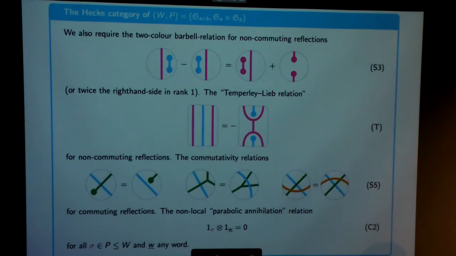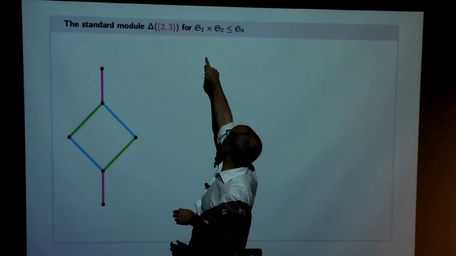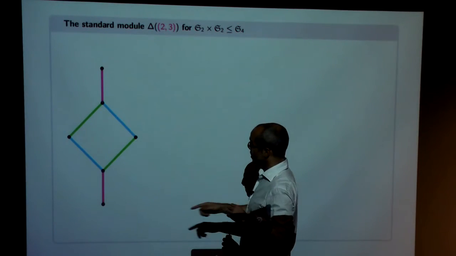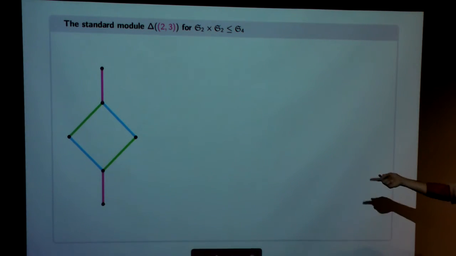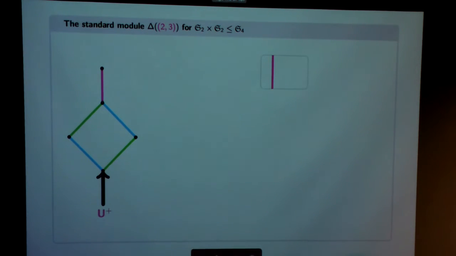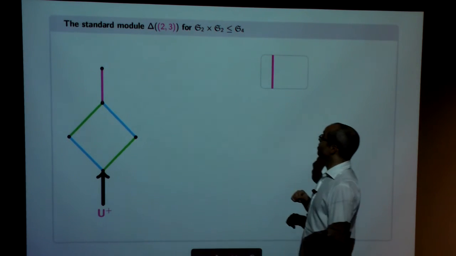And there they are. So now I'm going to show you how to construct some of these representations for this two-sided guy. Here, what I'm looking at is the parabolic Coxeter system for S2 cross S2 in S4. So there's only one color not in S2 cross S2. I'm going to show you how to construct a representation of this category algebra, the one corresponding to this one here.